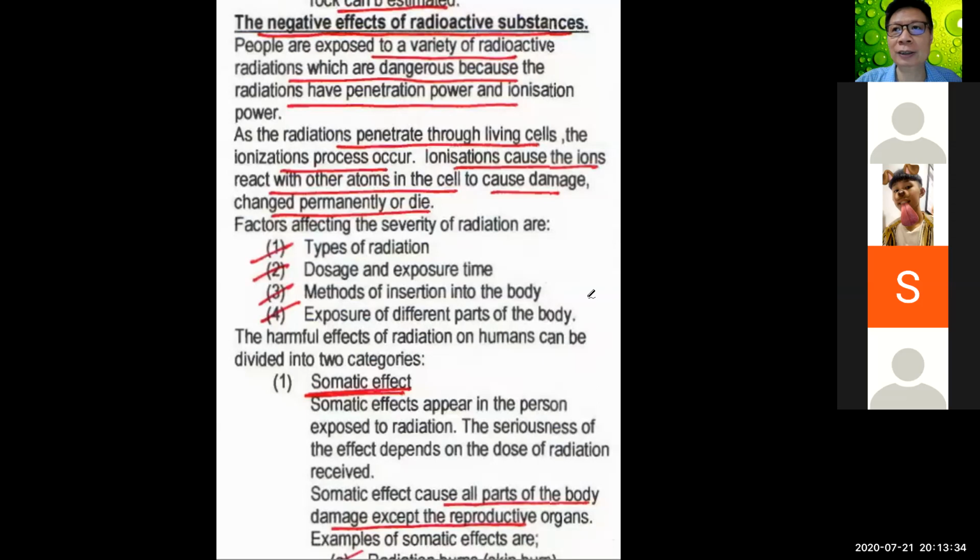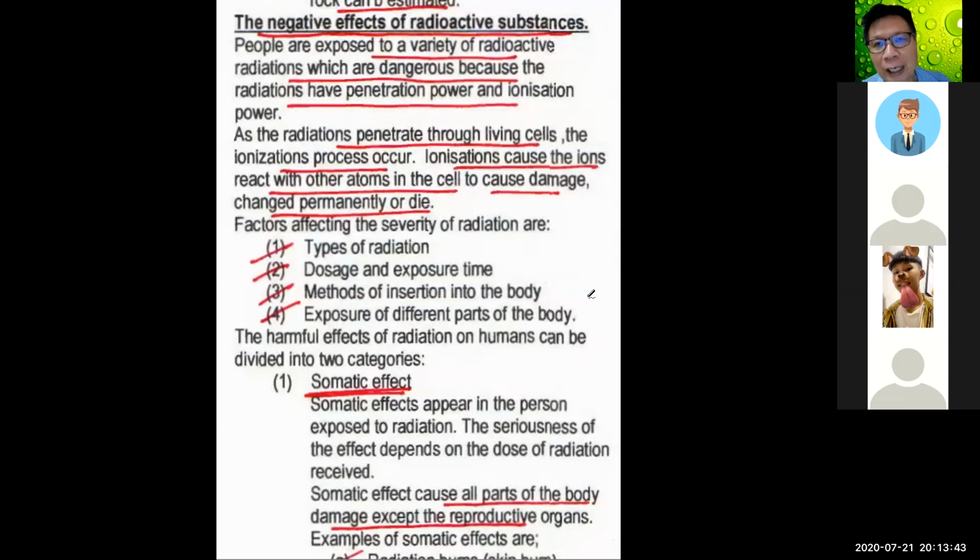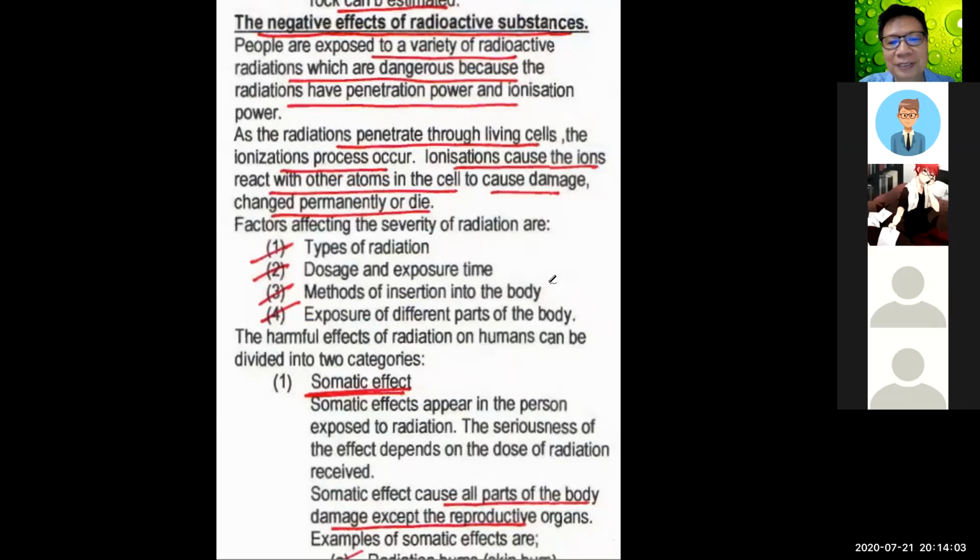Through breathing, through swallowing, or through penetration? Penetration. In your opinion, it is penetration. What about other people? Tan Wei Yi, which method is more dangerous? Don't know? Try, just say something.